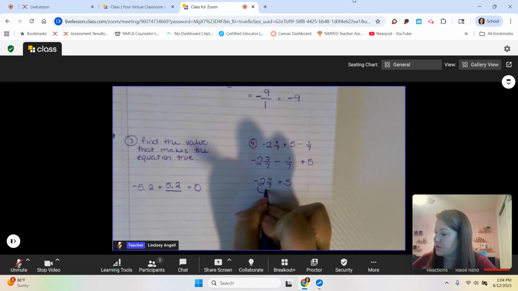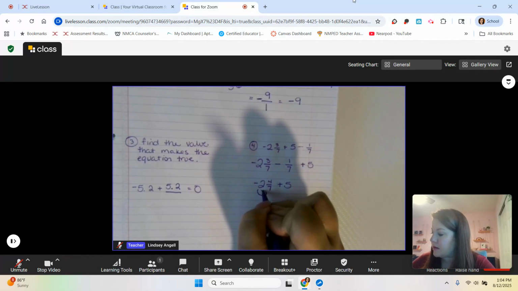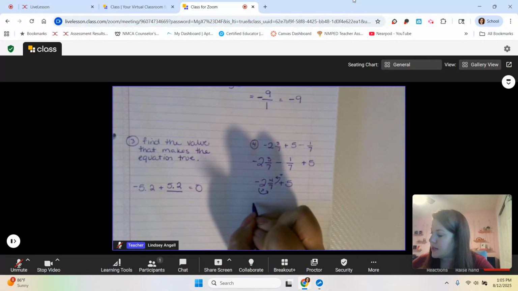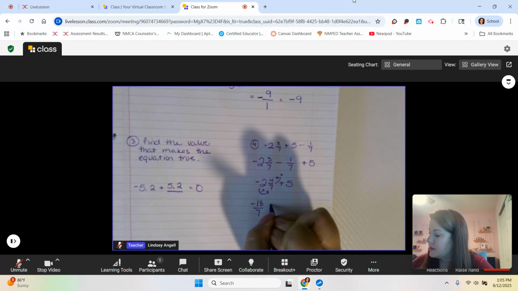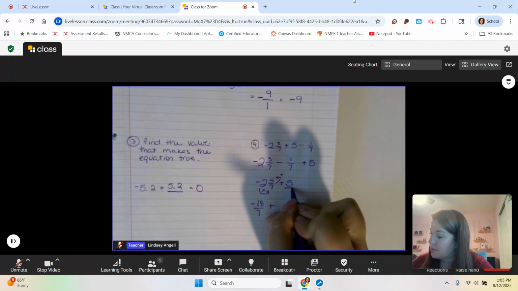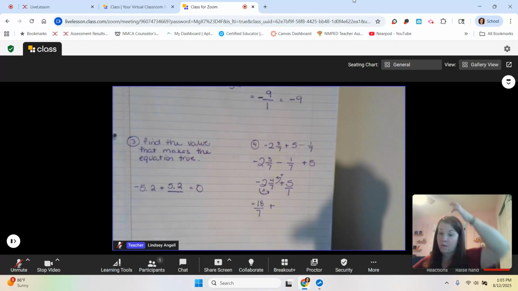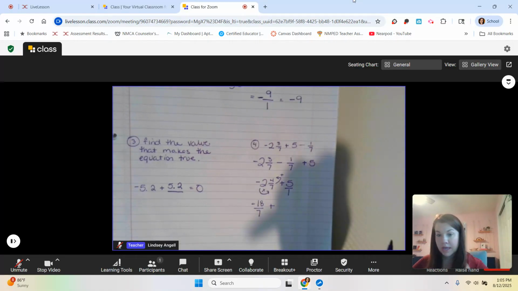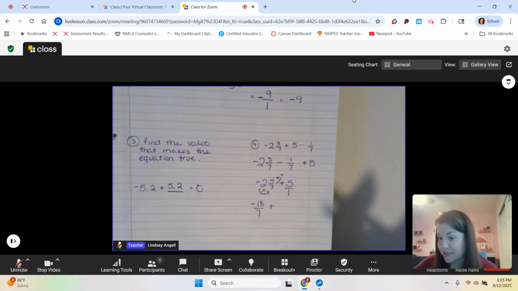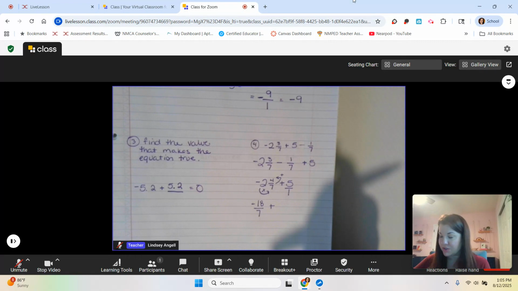We can do 2 times 7 is 14, plus another 4 gets me to 18. So I have negative 18/7 plus, and now this one, I can make it an improper fraction by putting it over 1. Okay? You can make anything into a fraction by putting it over 1, unless it's an irrational number. It's still going to be irrational. Okay?